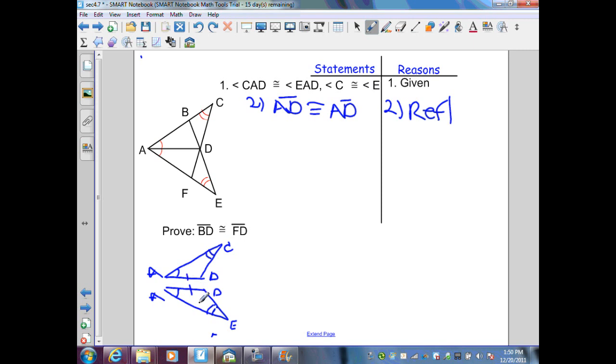And in the diagram below, you can see that I have the two triangles congruent. So step 3, I have EAD congruent to triangle CAD by the method of angle, angle, side.